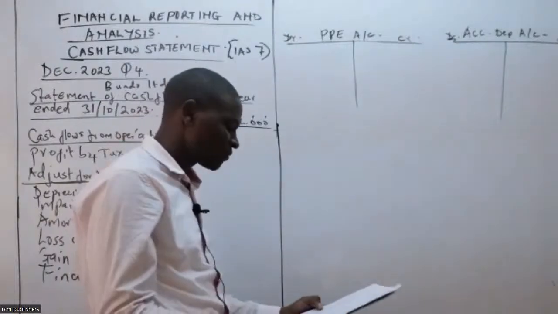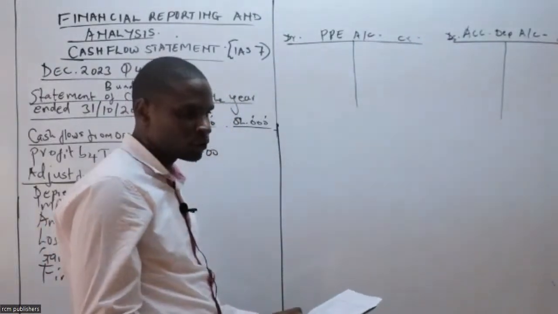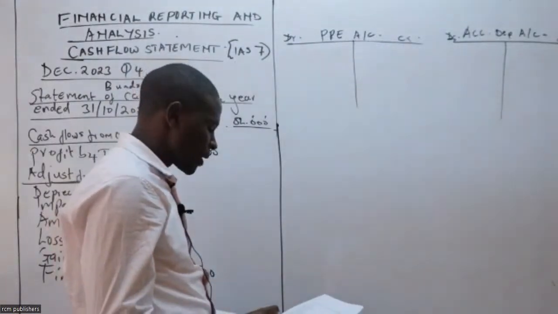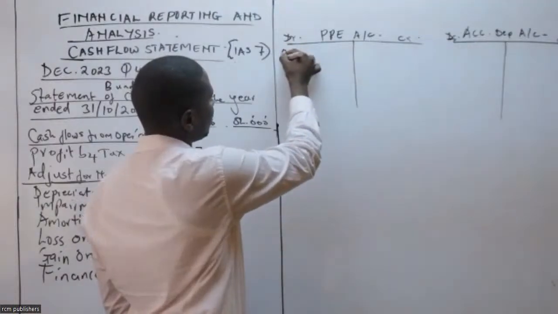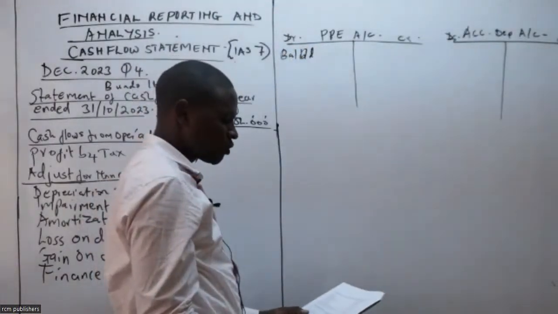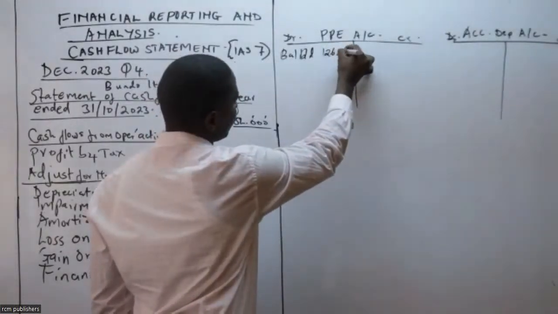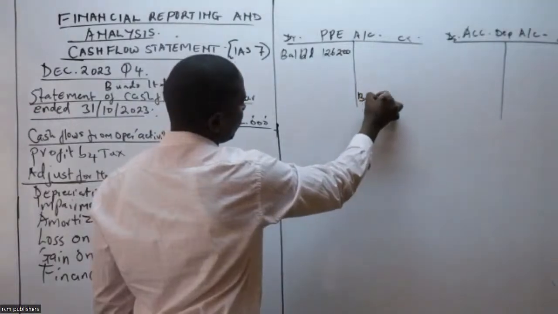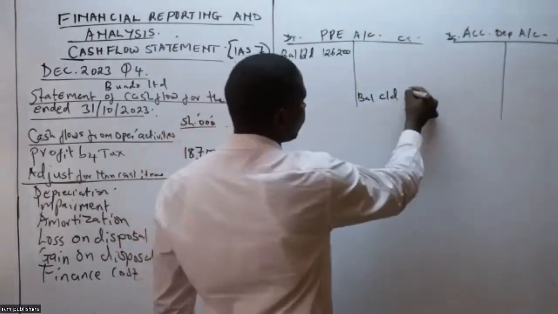Therefore, in this case, you have to check the cost of our PPE, the balance brought down. If I look at it, it was 126,200. So the balance carried down should be on the credit side, which is 138,200.